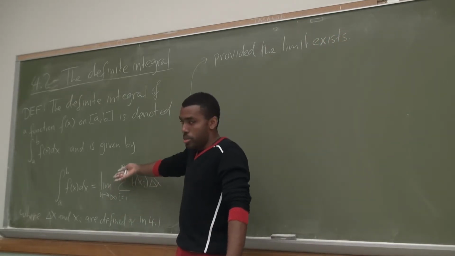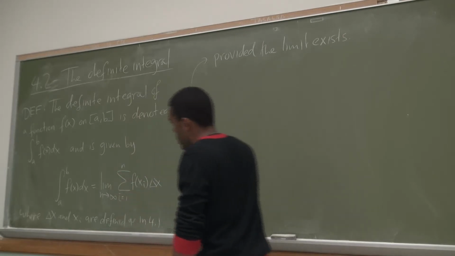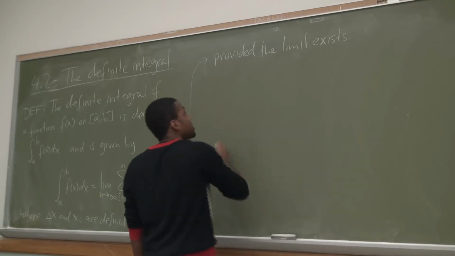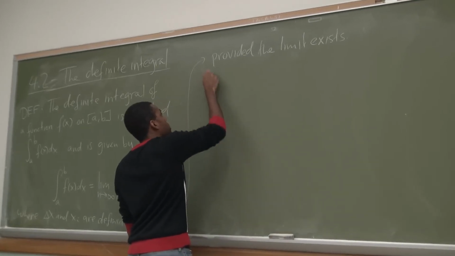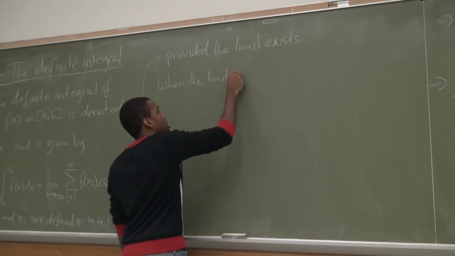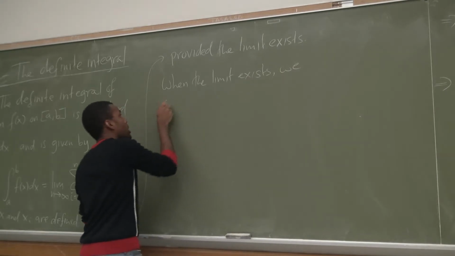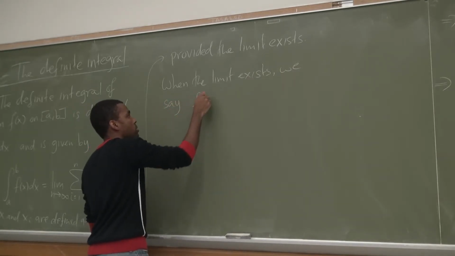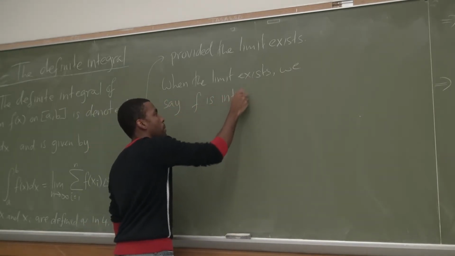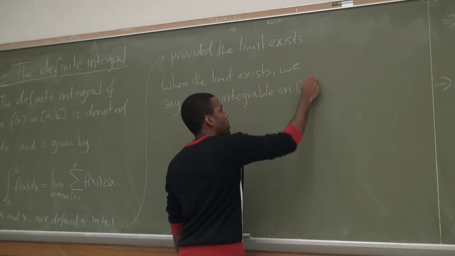Of course, this limit doesn't have to exist, but as long as it does exist, we call it the integral. When the limit exists, we say f is integrable on a, b.